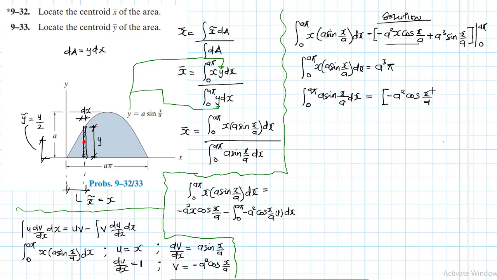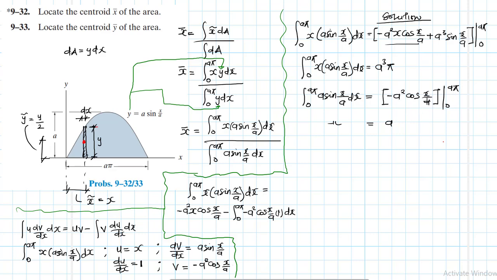Great. And then we are integrating over these constants. So what does this give us? We plug in the a pi in there. This gives us a positive value. What does this one give us?